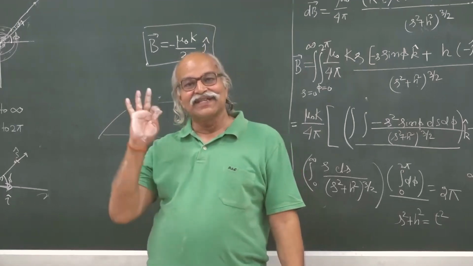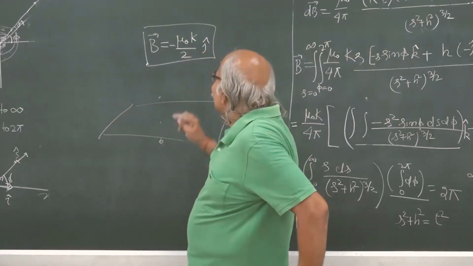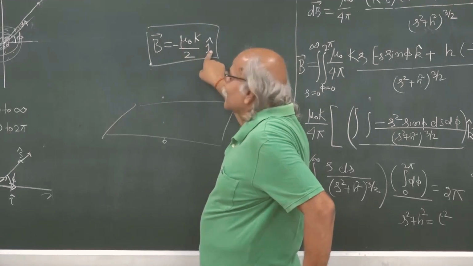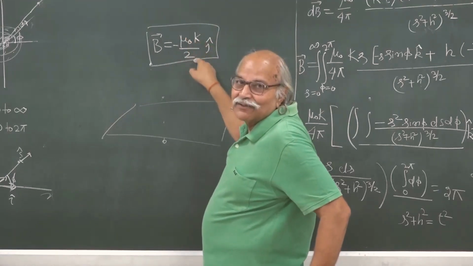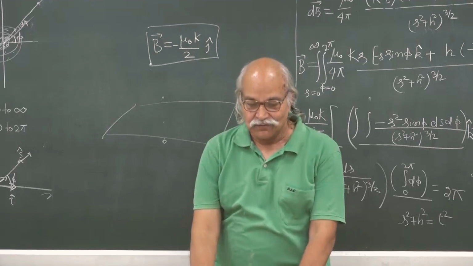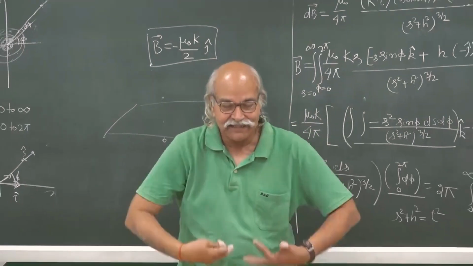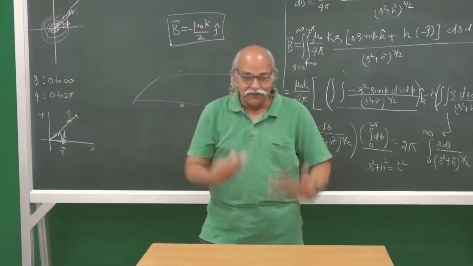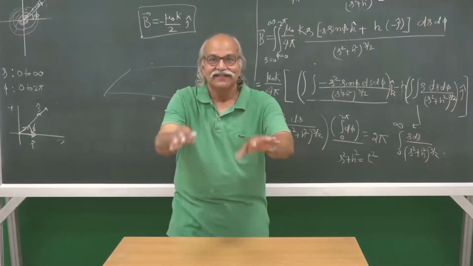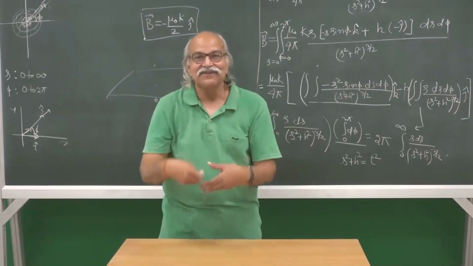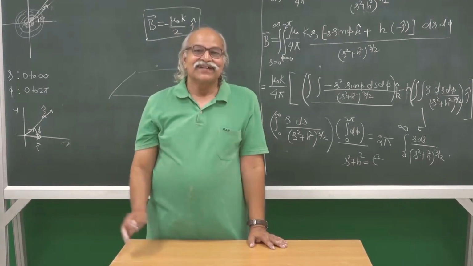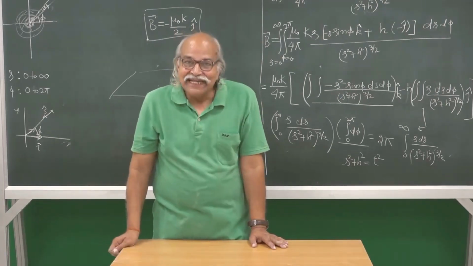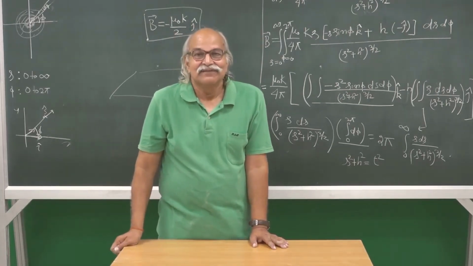I can tell you the result: it will be plus j cap, mu naught K by 2, plus k cap. Above the surface, the magnetic field is towards me. Below the surface, the magnetic field is not towards me, it is away from me. So, that is the kind of magnetic field a plane surface current produces.